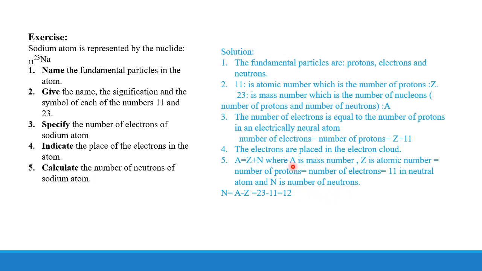We should make a small explanation about each symbol in this rule. So, number of neutrons N equals A minus Z. A is equal to 23, Z is equal to 11. So, N equals 23 minus 11 equals 12 neutrons.